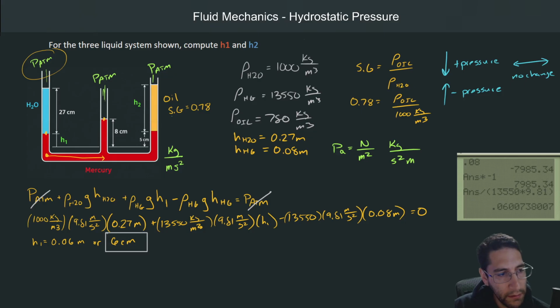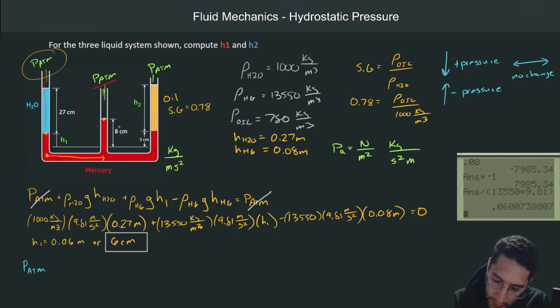Okay, great. Now I want to figure out what H2 is. There are a few ways you could go about this. You could go back from H1 and then go up to H2. But I'm just going to start at this atmospheric pressure right here and work my way through this part of the U. Both sides are open to the atmosphere, so I have P ATM.